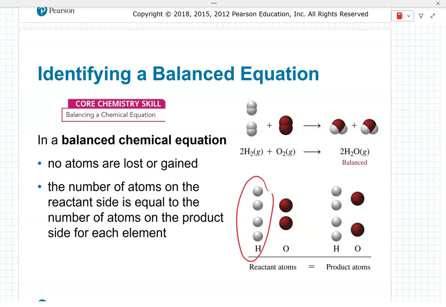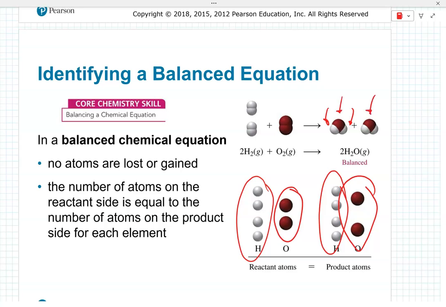We have 2 diatomic molecules. How many oxygens? How many hydrogens do we have on the right? 4, because each molecule of water has 2 hydrogens, and 2 oxygens because each molecule of water is 1 oxygen each. Make sense? Okay.